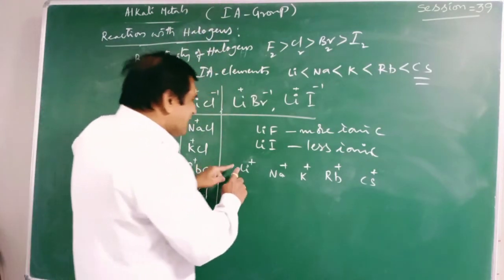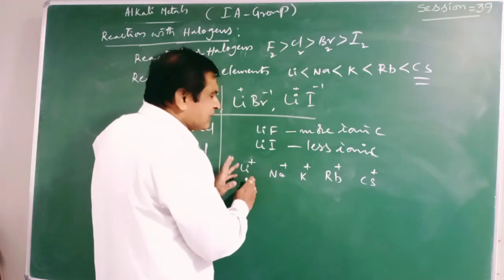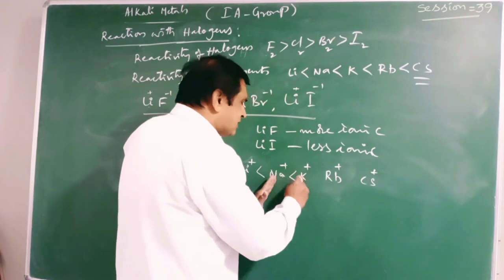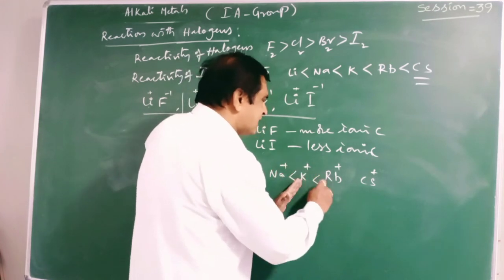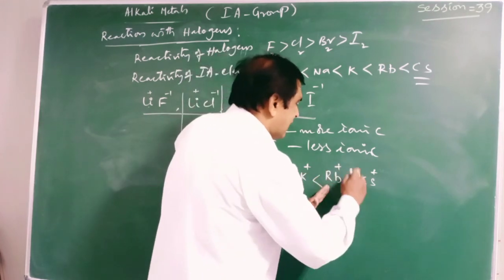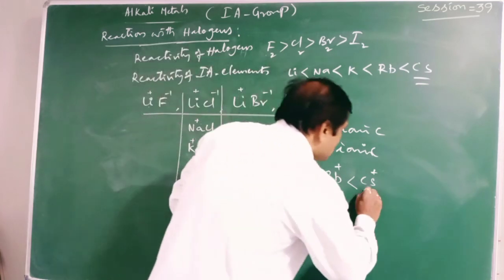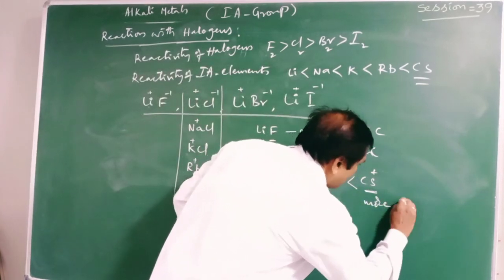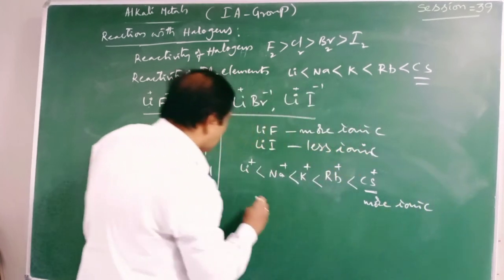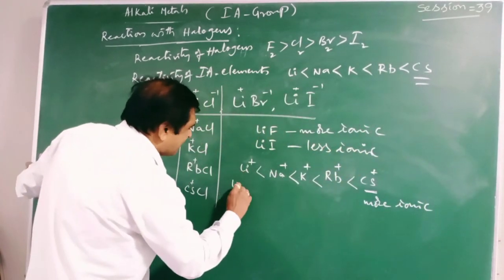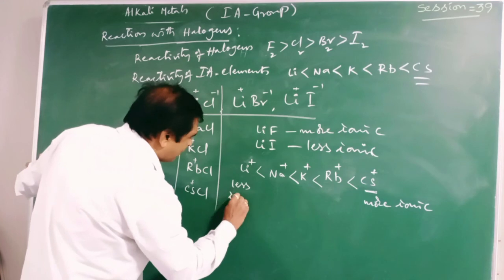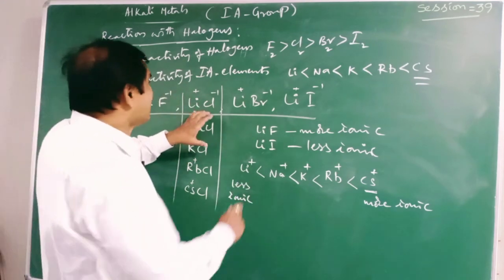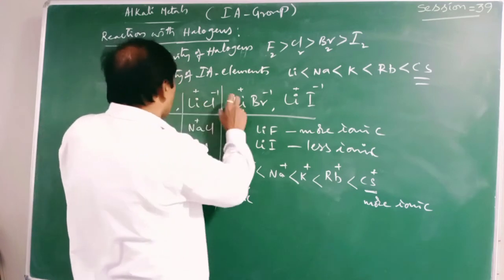So Li+ is less ionic than Na+, which is less ionic than K+, less ionic than Rb+, less ionic than Cs+. That means the cesium cation forms more ionic compounds, and Li+ is less ionic. You got it?